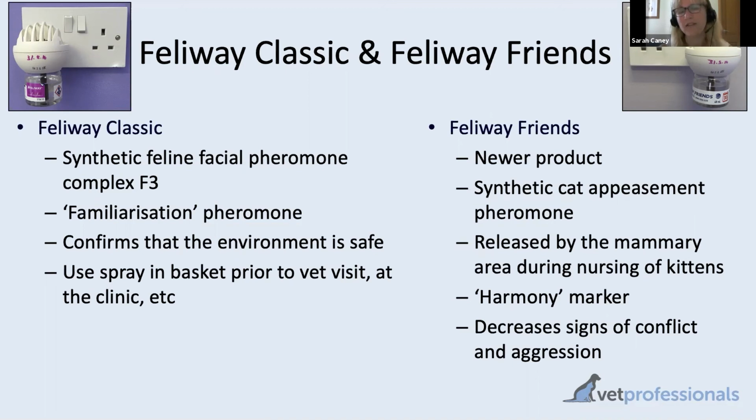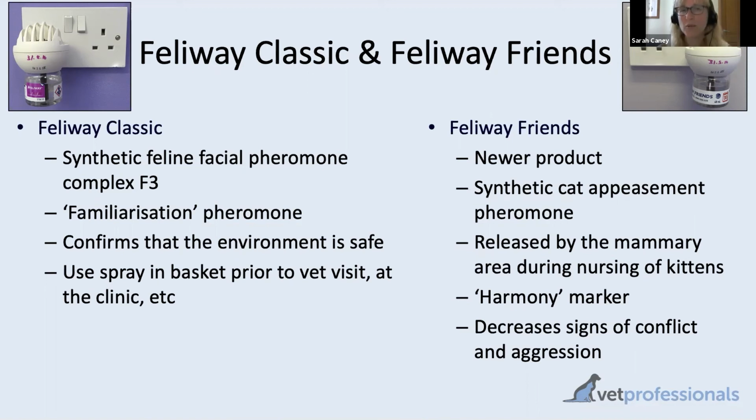The newer Feliway is called Feliway Friends, and this is designed for households where there is tension between cats within the same household. This is a different pheromone that's normally produced by the mammary tissue of the mother cat, and it's produced to reduce tension between the kittens as they're feeding in close proximity to each other.